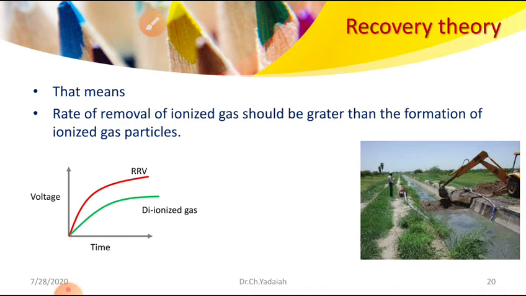So here we can take one example. Suppose there is a canal flowing. If some place is damaged and water is coming very forcefully, how do we repair it? If the repair work speed is much greater than the flow of water, then automatically the damage will be recovered immediately.